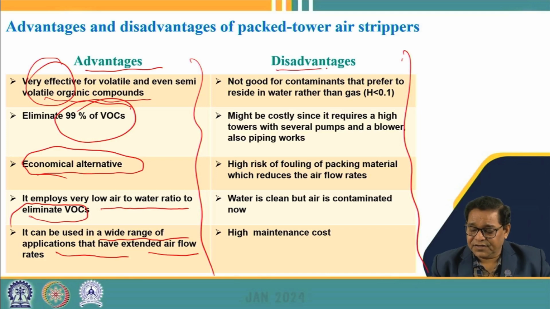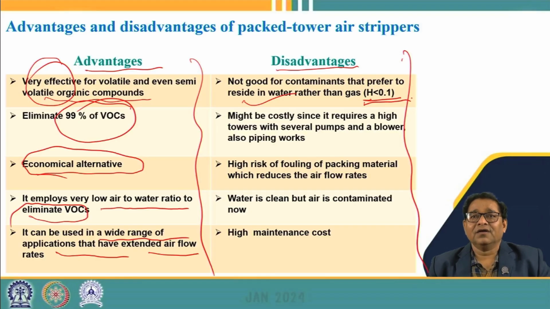But if we see the disadvantages, it is not good for contaminants which are not readily strippable, having a Henry constant less than 0.1. Such compounds cannot be stripped off. It might also be costlier since it requires tall towers, a number of pumps, blowers, and piping works.